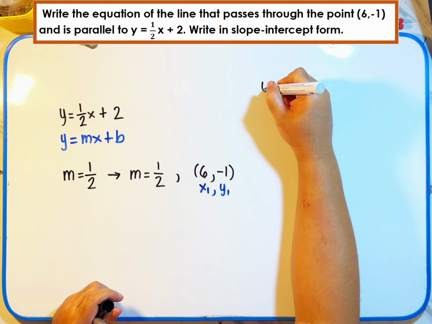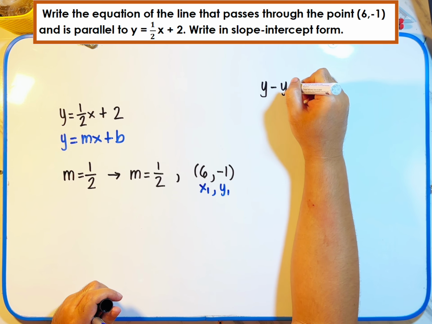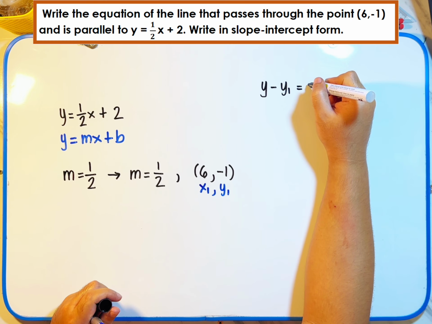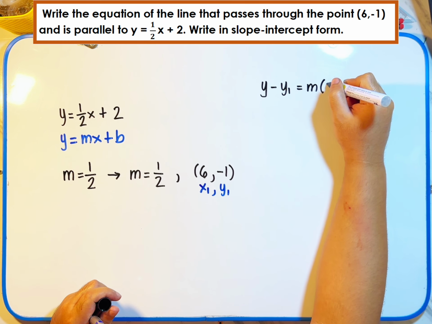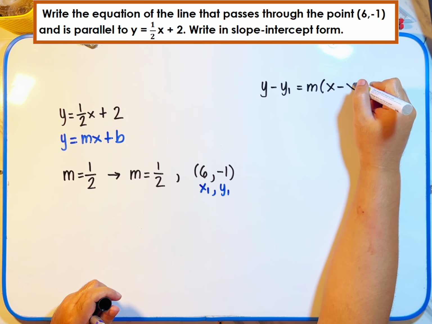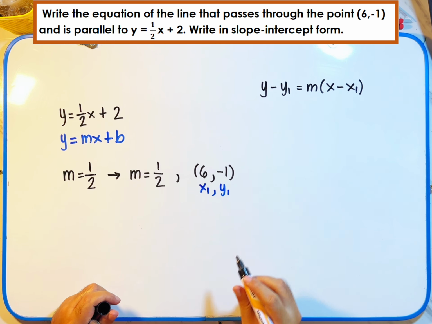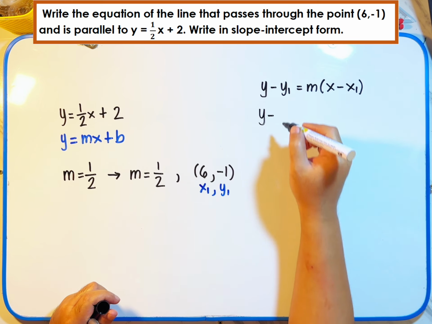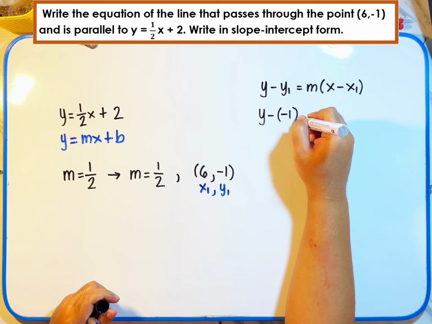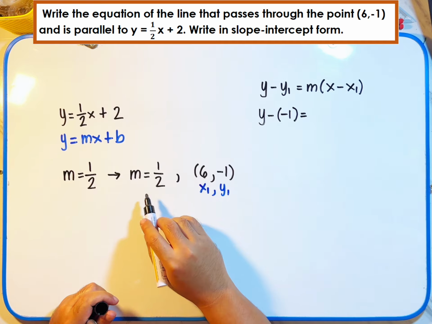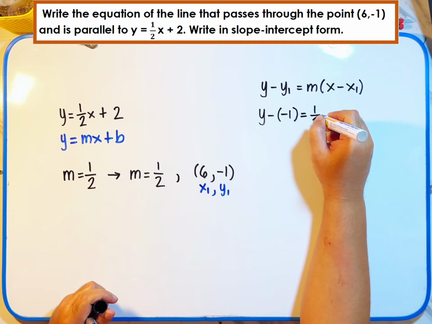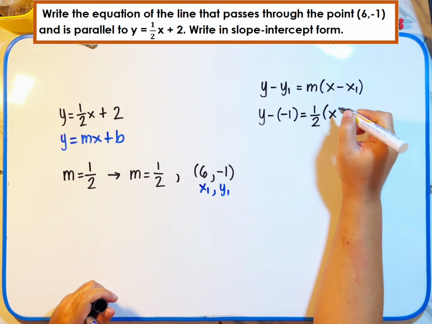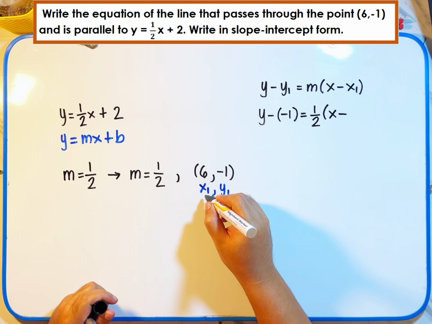Let me copy: y minus y sub 1 equals m times x minus x sub 1. Substitute. y minus y sub 1 is negative 1, equals m is 1/2, times x minus x sub 1 is 6.